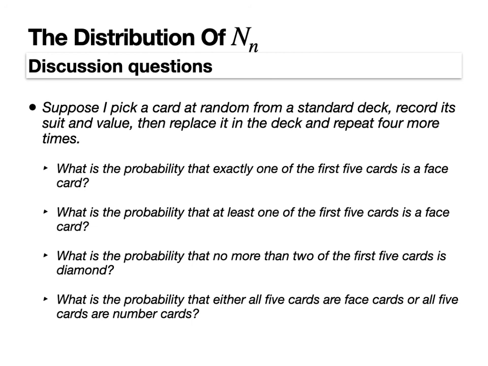So that would be the probability that N sub 5 equals 1 when you have a success probability of 12 out of 52, right? So you could use the color sequence process to answer this question. And I suggest you think about that in similar fashion when you look at the remaining 3 questions here. See if you can translate it into some sort of equivalent color sequence probability, and then use what we've done to compute that probability.